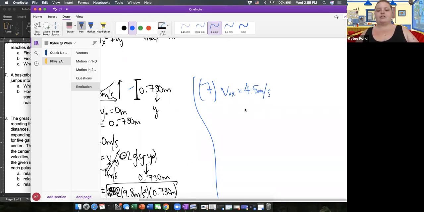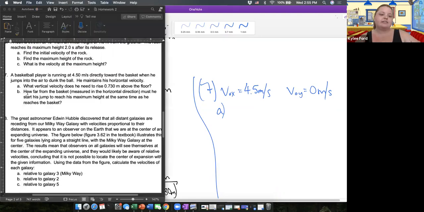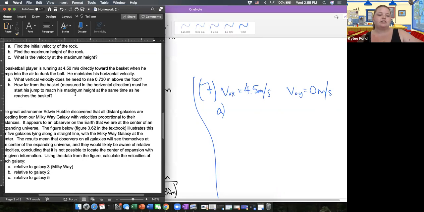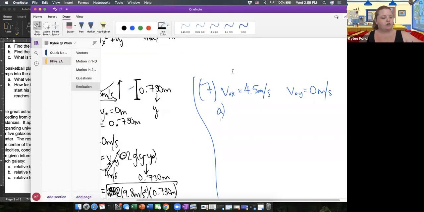And it was purely in the x direction, so we can just write down that our y is 0, just so that we know. And we are trying to see what our vertical velocity needs to be to get this 0.73 height. So we want to know what we need to make our initial velocity. What should this be in order to get our height?